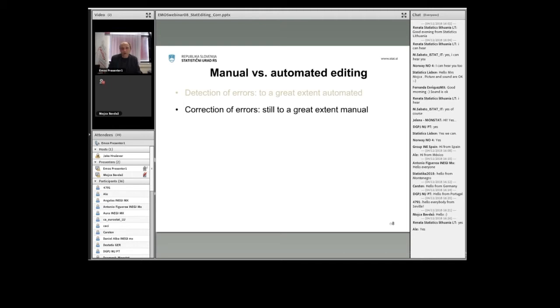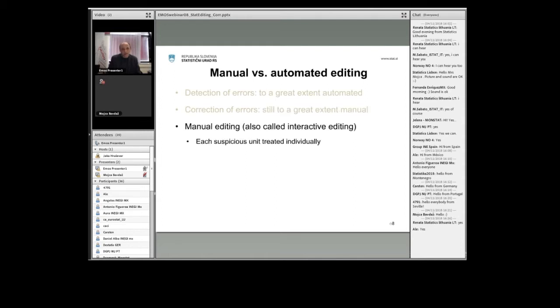We'll call this manual editing. So there is no computer procedure that can make corrections on the whole data set. The fact is, at least from my experience, that a lot of data correction, especially in the case of business surveys, is still done with manual corrections.